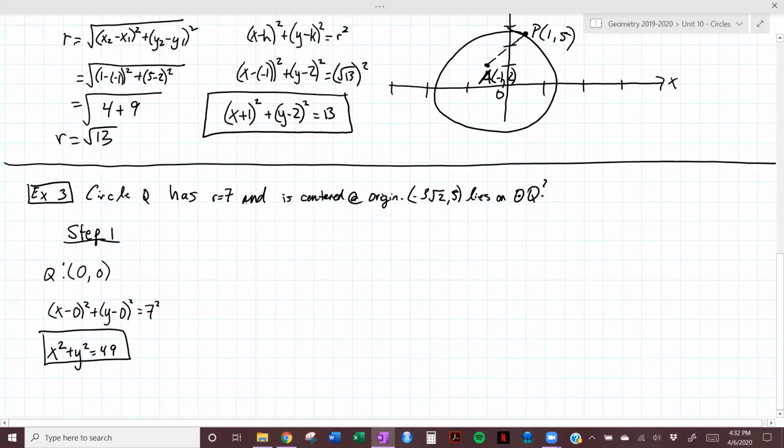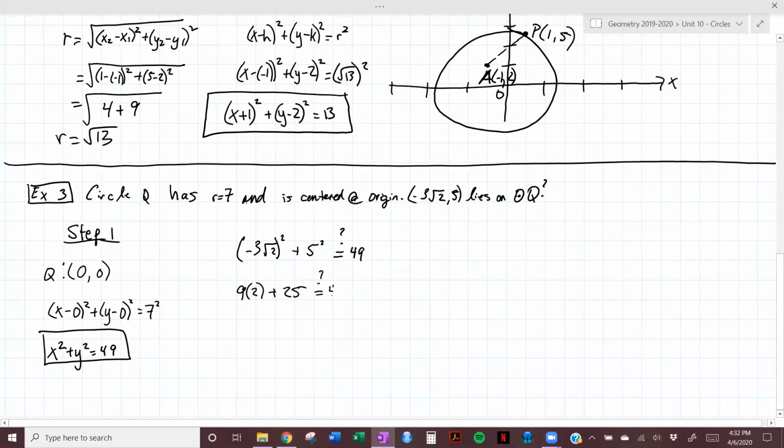Now we need to test the point. We need to test if -3 root 2 and 5 lies on our circle, which means: does this equal 49? We have -3 square root 2 squared plus 5 squared. Well, -3 square root of 2 times -3 square root of 2 is going to be 9 times 2, plus 25.